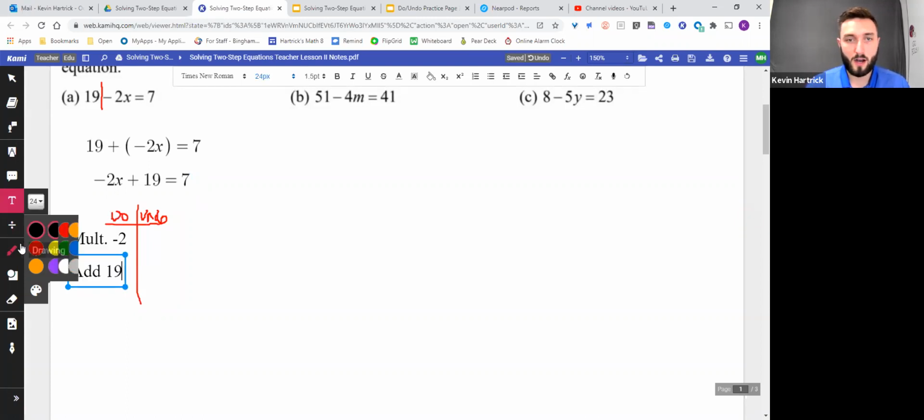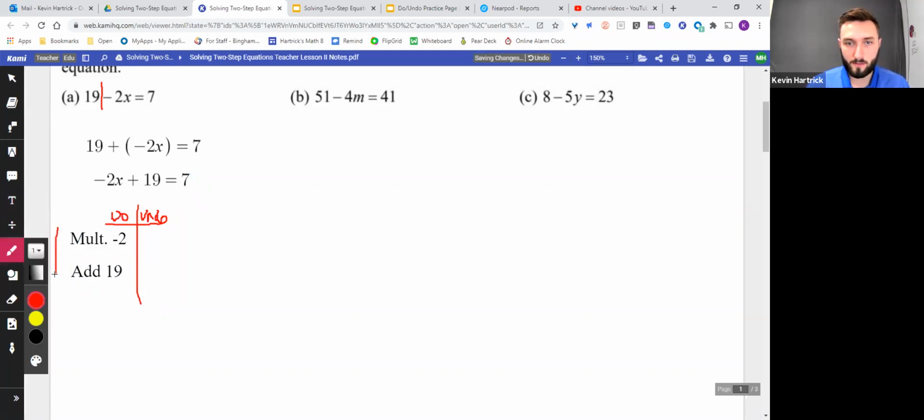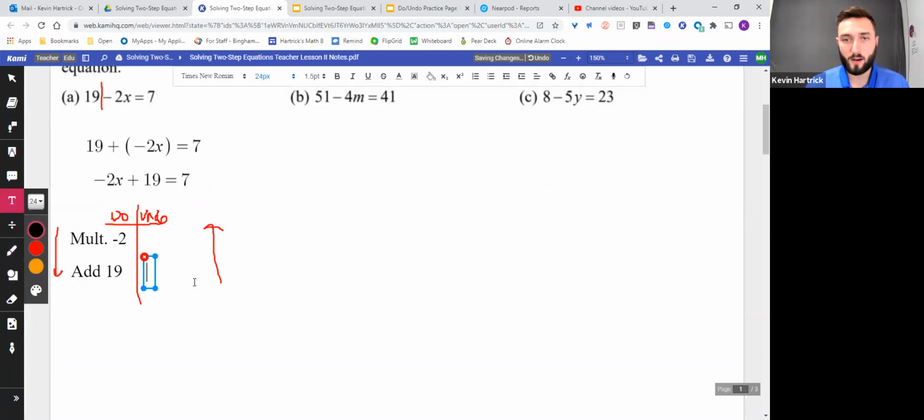To undo that, remember, by doing, we're going from top to bottom, and undoing it, we are reversing the order. We're going from bottom to top. So we are going to subtract 19 and then divide by negative 2.